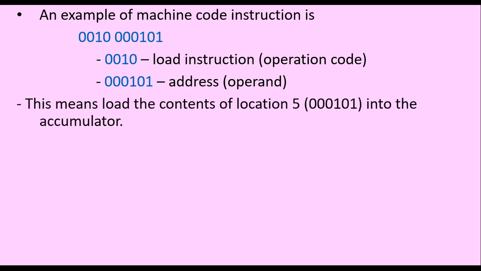So this means load the contents of location number 5, which in binary form is 0, 0, 0, 1, 0, 1, into the accumulator.